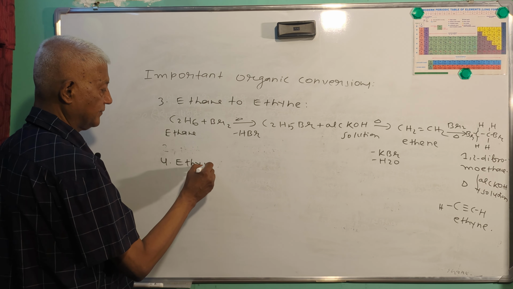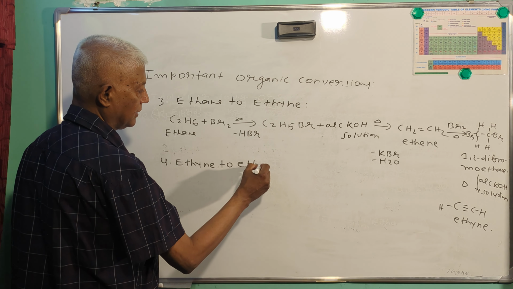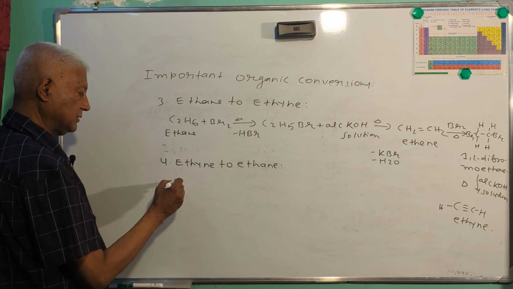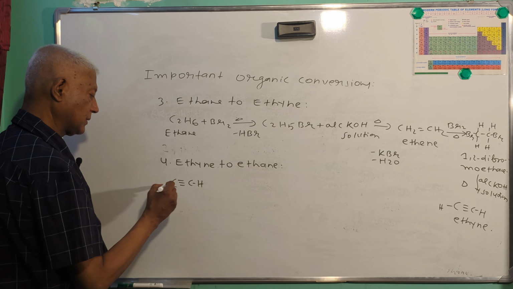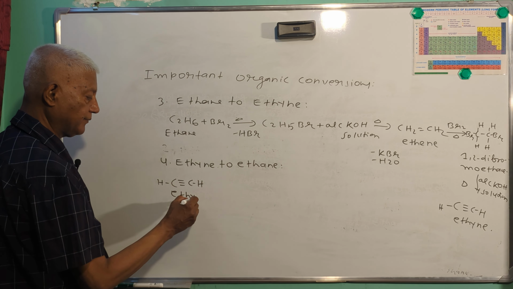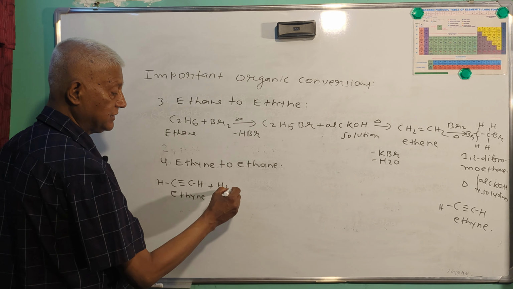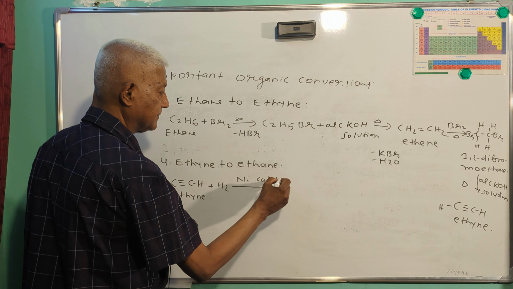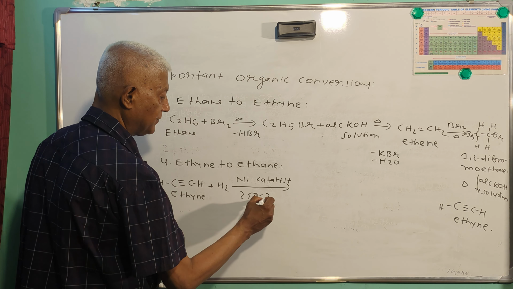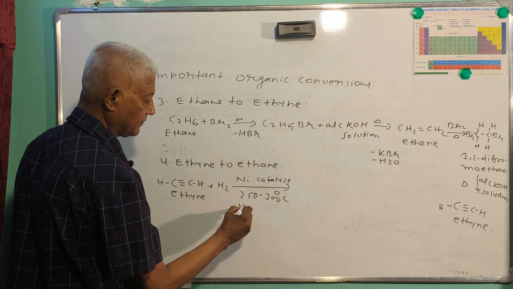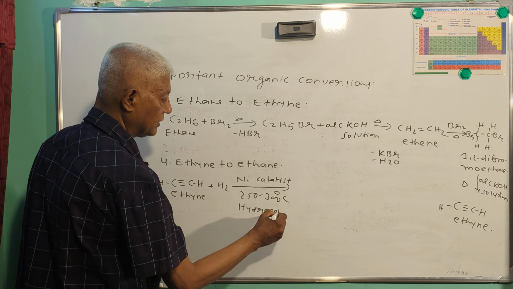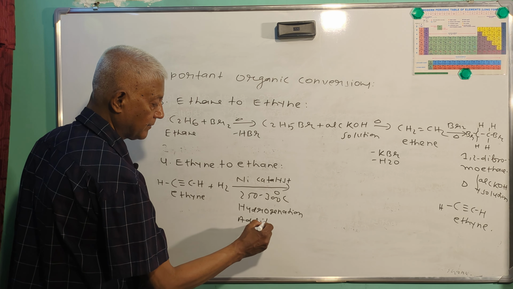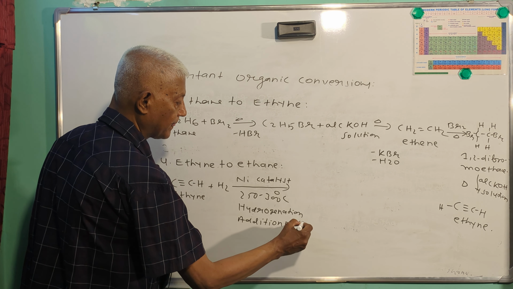Next one is ethyne to ethane, triple bond to single bond. So we have C triple bond C, that is ethyne. When that is hydrogenated in the presence of nickel catalyst at 250 to 300 degrees centigrade, hydrogenation means addition of hydrogen.